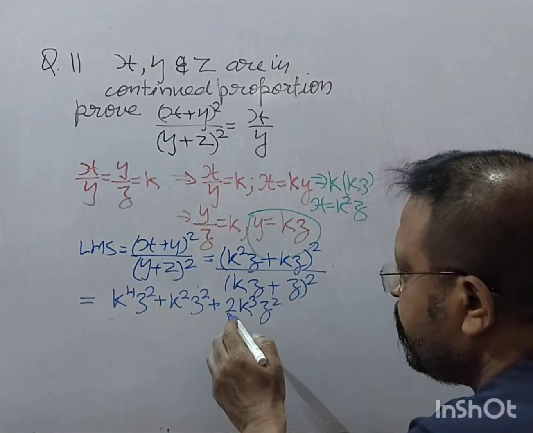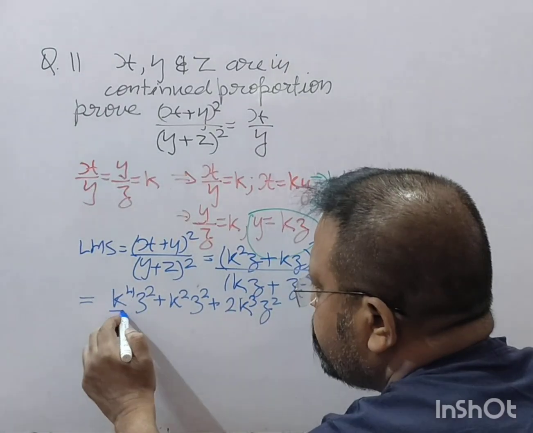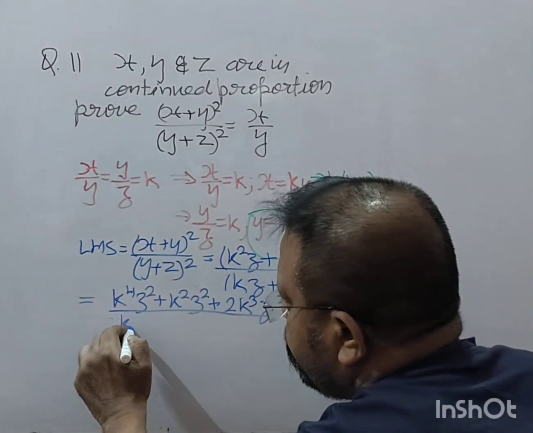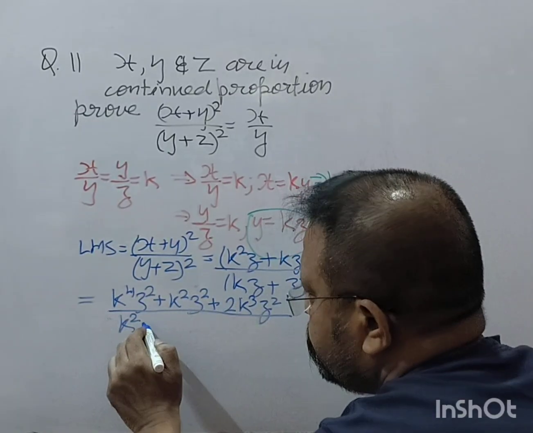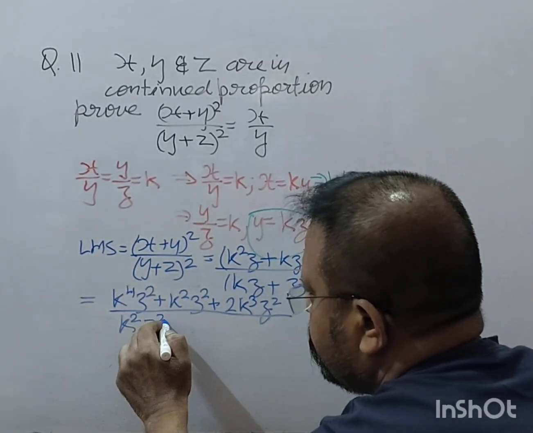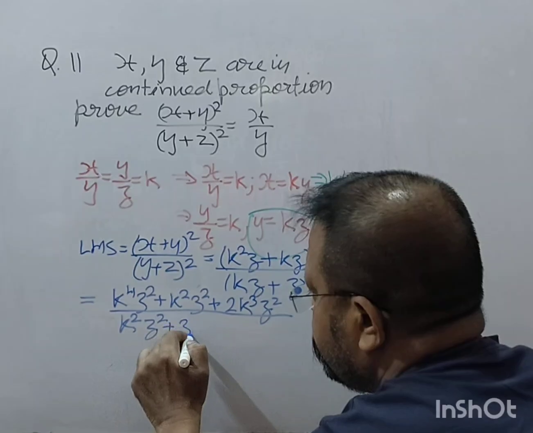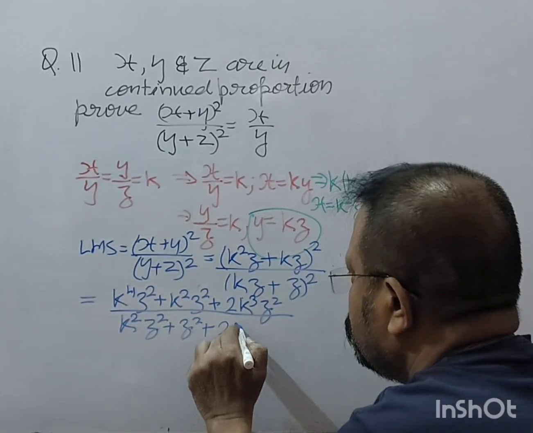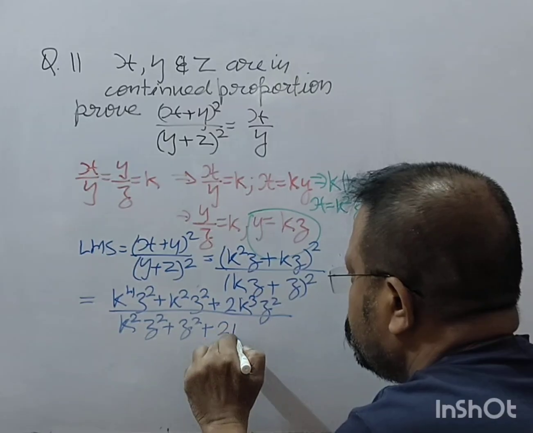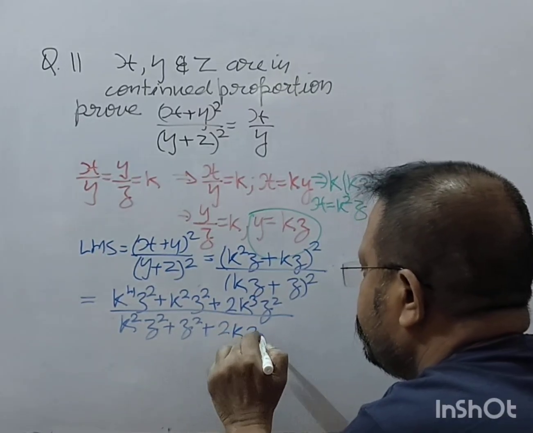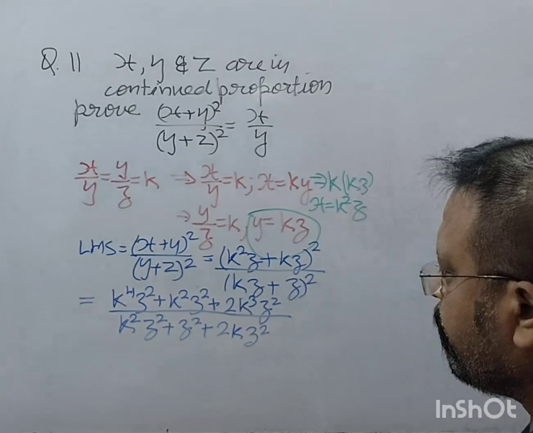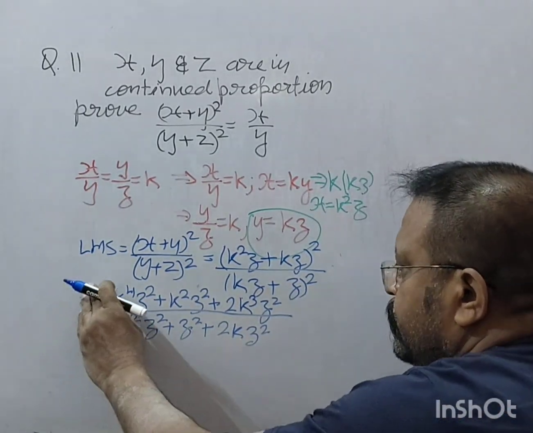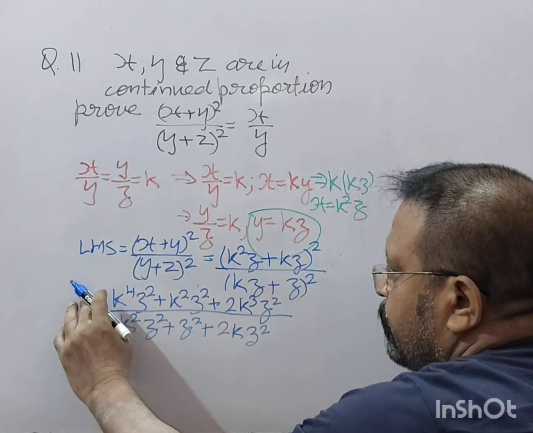This is the expansion, and when we expand the denominator, then what happens? k square z square plus z square plus 2 k z square. You get it? Just look at here.